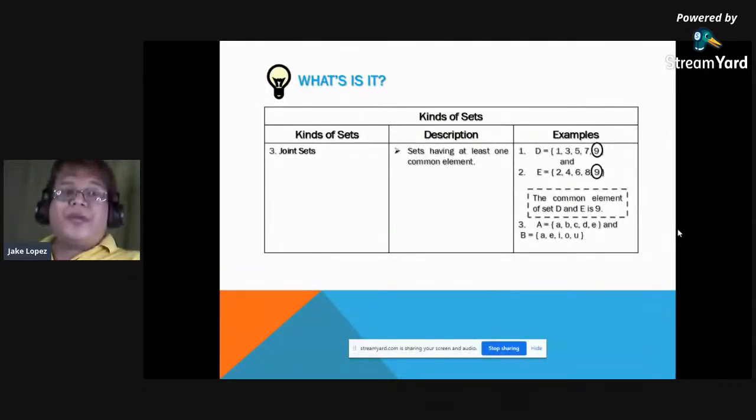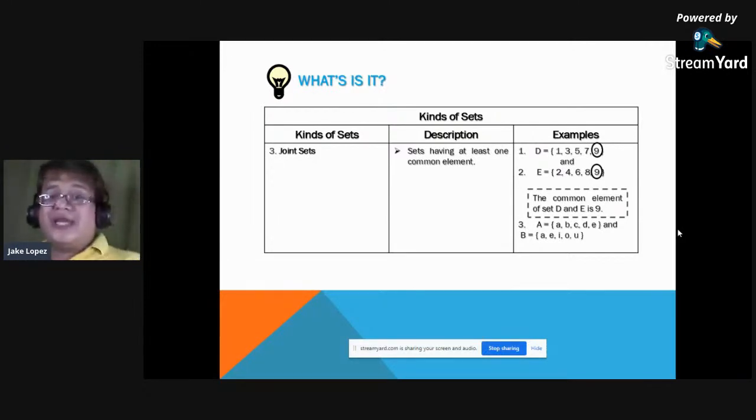So number 3, joint sets. So ikatatlo na ito. So the sets having at least one common element. So dalawang set sila at may common sila na element sa kanila. For example, set D equals 1, 3, 5, 7, and 9, and set E equals 2, 4, 6, 8, 9. Okay, so makikita natin that the common element of set D and E is 9.